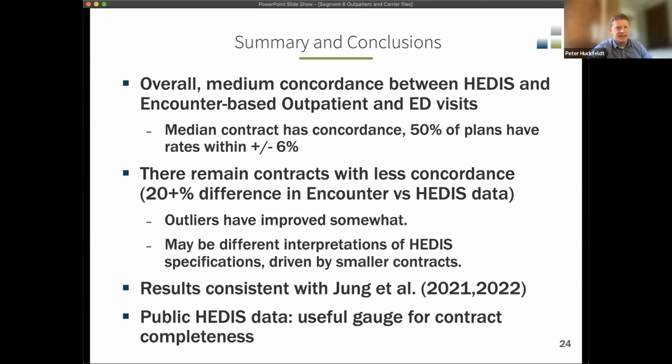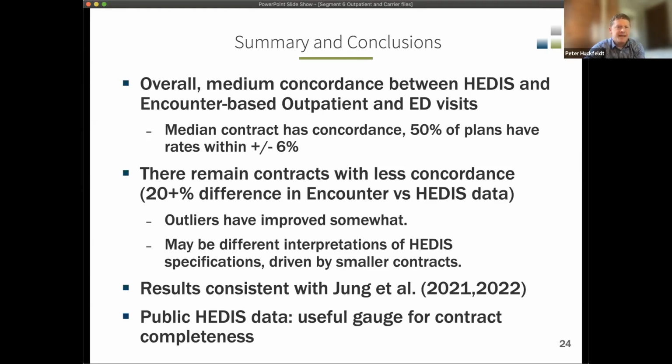So there's not a lot of discordance, but there definitely are some contracts with less concordance, where you find a 20 to 40% difference in the encounter versus the HEDIS data, although these outliers have improved somewhat over time.